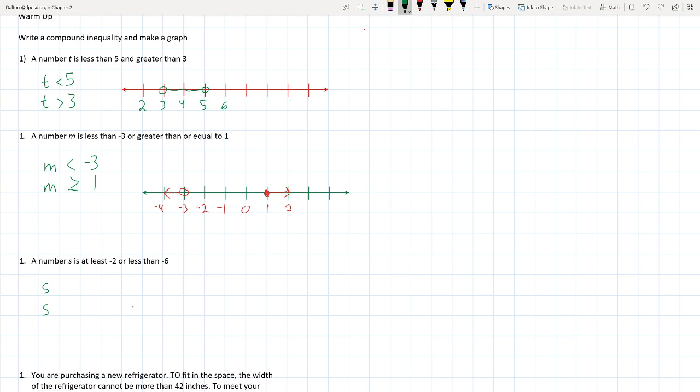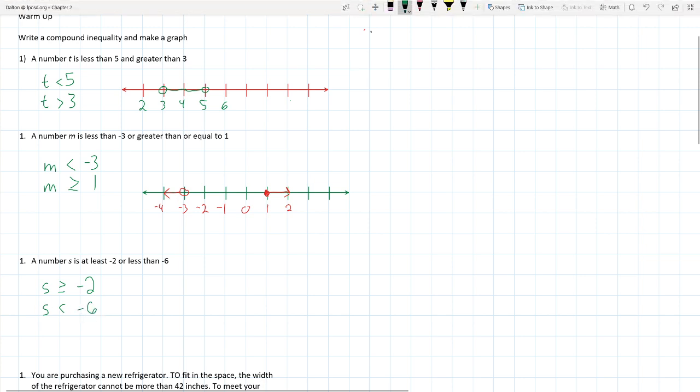It needs to be greater than that value. So s is at least negative 2, and so it can be greater than negative 2, or it can be equal to negative 2. Or s is less than negative 6. So that one's pretty straightforward.